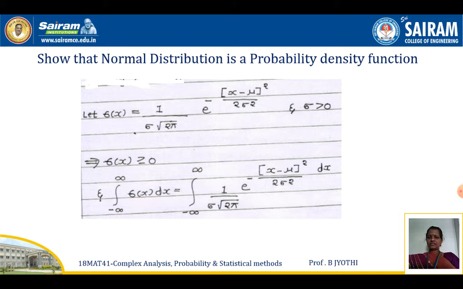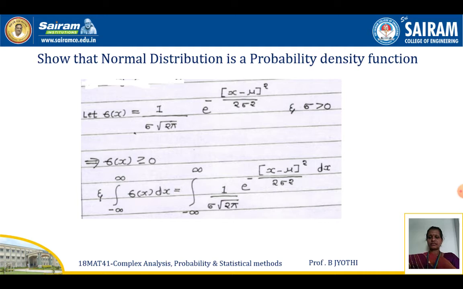Let f of x equal 1 upon sigma root 2 pi e to the power of minus (x minus mu) whole square divided by 2 sigma square, and sigma greater than 0. This implies f of x is greater than or equal to 0, and we take the integral from minus infinity to plus infinity of f of x dx, that is, the integral of 1 upon sigma root 2 pi e power minus (x minus mu) whole square by 2 sigma square dx.